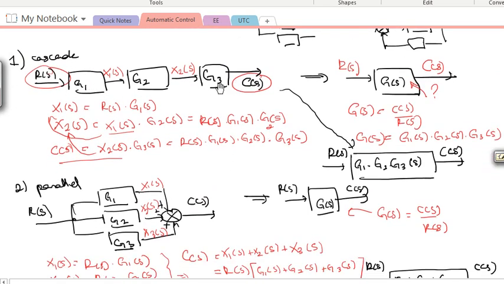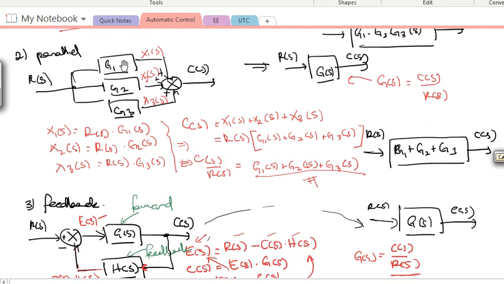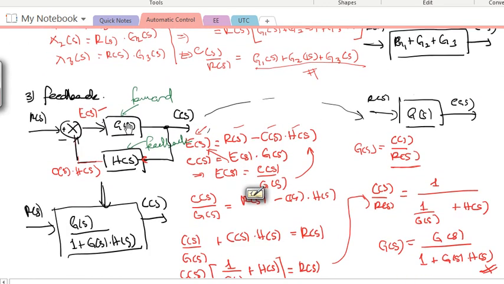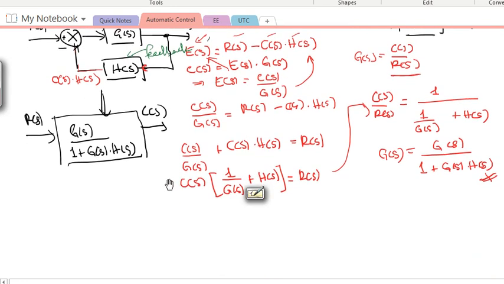If you have a cascade G1, G2, G3, the equivalent transfer function is the multiplication of G1, G2, G3. If you have parallel transfer functions G1, G2, G3, it is equal to the sum G1 plus G2 plus G3. And if you have a transfer function in feedback of GS and HS, it is equal to GS, the forward transfer function, divided by 1 plus the product of forward and feedback transfer functions. Okay, so that's how we do the simplification of the three different arrangements.